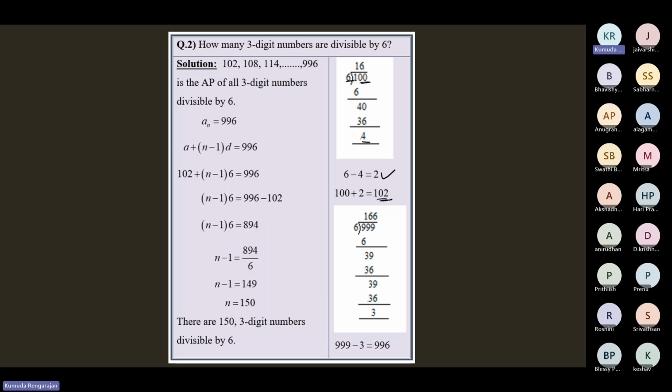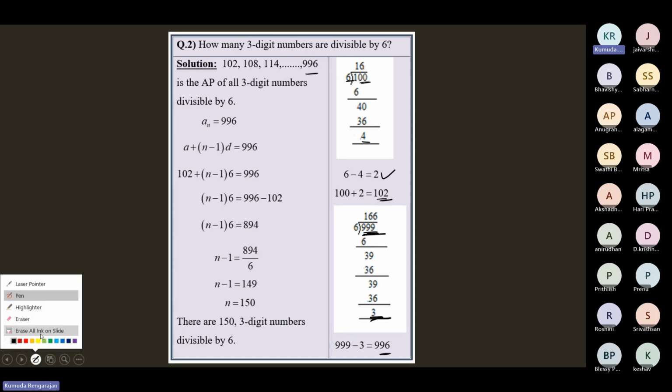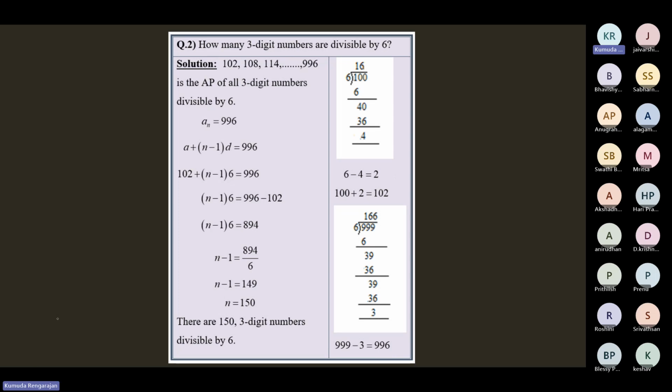This is the first 3-digit number divisible by 6. And to get the last number, simply subtract the remainder from the dividend. 999 minus 3 is 996. So this is the last 3-digit number divisible by 6.